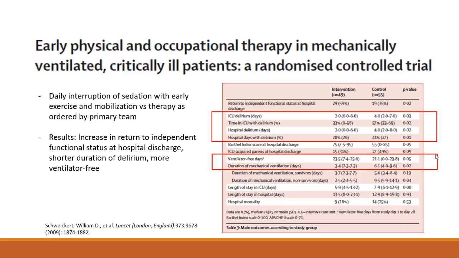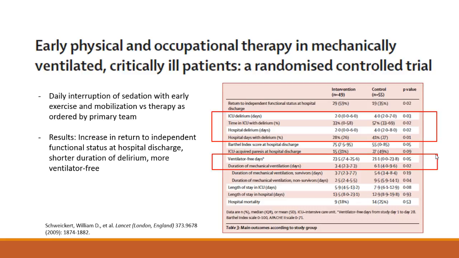In the control arm, it was usual care, which was basically the team of doctors taking care of the patient would, at their discretion, choose when to quote unquote prescribe physical therapy and occupational therapy for patients. So one was streamlined to facilitate earlier physical therapy. The other arm was left to the discretion of the ICU team.